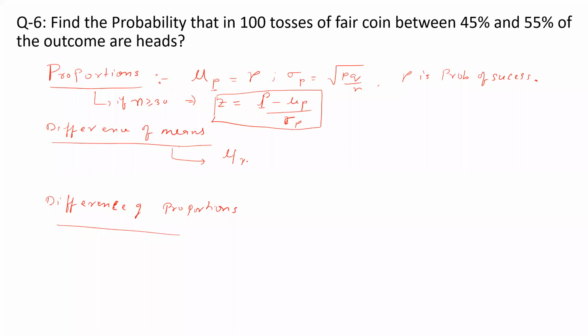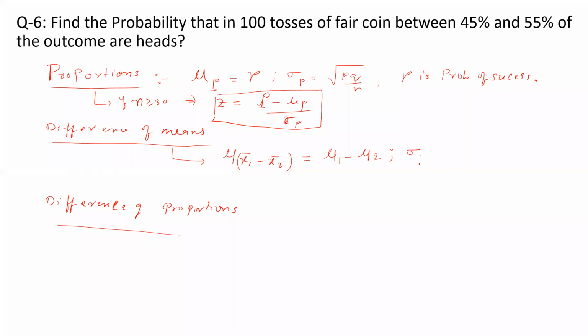For differences of mean, the mean of x1 bar minus x2 bar, because we have two populations, so we will be having two samples definitely. So mu of x1 bar minus x2 bar can be written as mean of population 1 minus mean of population 2. This is the formula.